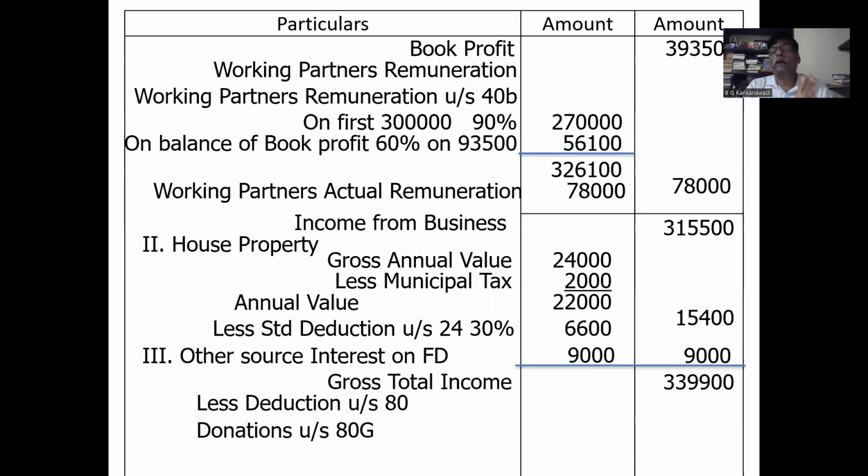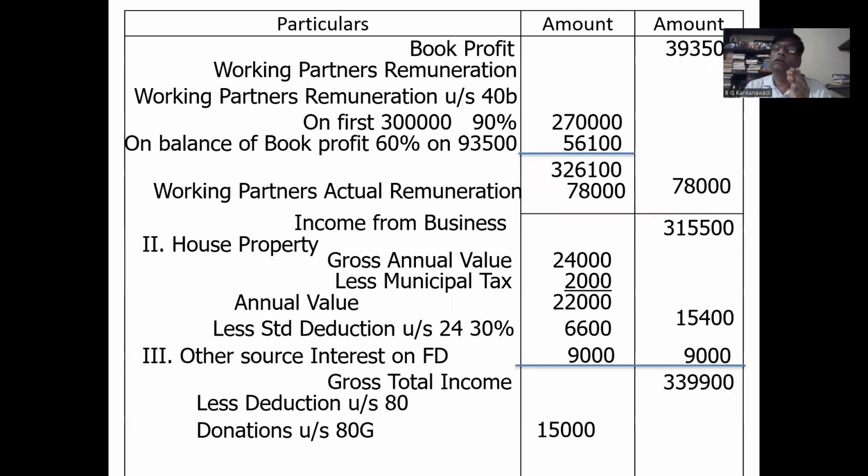Full amount is qualified, and promotion of family planning comes under 100% deduction. Therefore, 15,000 qualified, 15,000 deduction, you give. 15,000 is qualified, 15,000 is deduction amount, because 10% of adjusted GTI is 33,990.